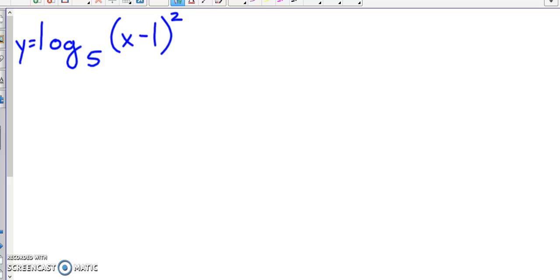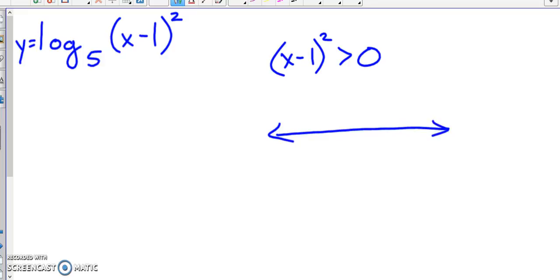But if I wanted to find the domain, I would take the argument x minus 1 squared and set it greater than 0. Now, if that's not linear, which that isn't, you need to make sure you do it with the number line like I showed you at the end of chapter 3. Where is that equal to 0? At 1.